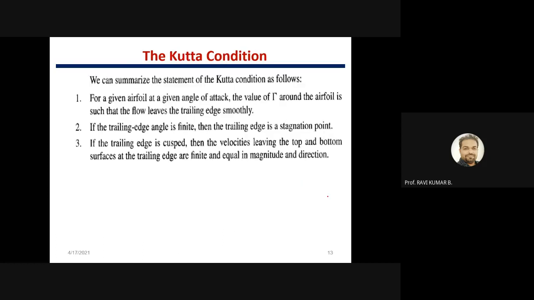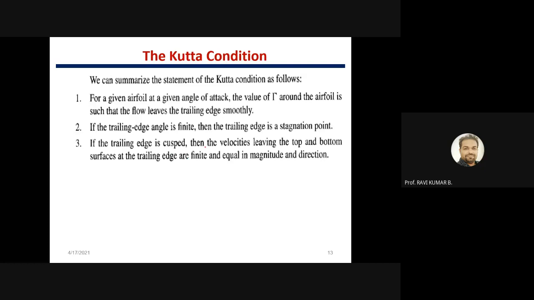As a summary, whatever I said, I summarize here. For a given airfoil at a given angle of attack, the value of circulation around the airfoil is such that the flow leaves the trailing edge smoothly. This is known as the general statement of the Kutta condition. This can be achieved in two ways. If the trailing edge angle is finite, then the trailing edge is a stagnation point.